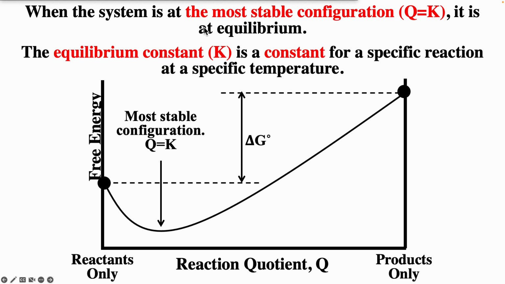And so when the system's at the most stable configuration, Q, the reaction quotient, is equal to K. Remember, reaction quotient changes as the reaction proceeds. K, the equilibrium constant, defines the most stable configuration for a system. The equilibrium constant is a constant for a specific reaction at a specific temperature.